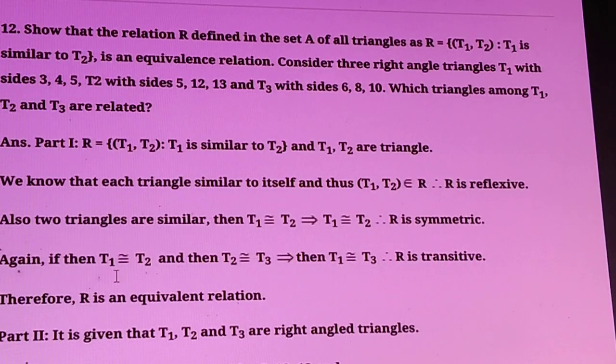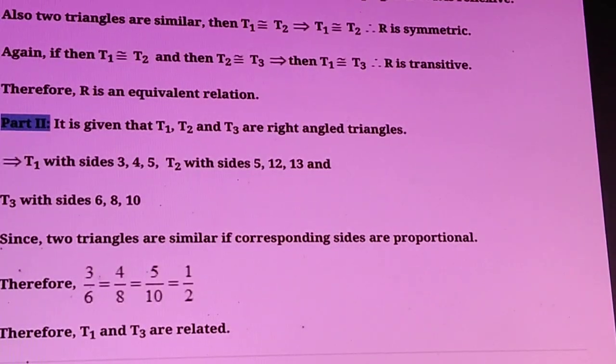Again, if T1 is similar to T2 and T2 is similar to T3, then T1 and T3 are similar, so R is transitive. Therefore, R is an equivalence relation.